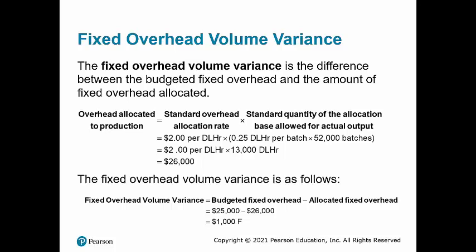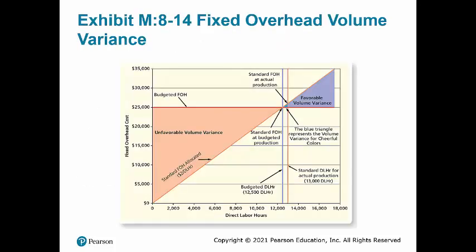The fixed overhead volume variance is not a cost variance, it is a volume variance, and explains why fixed overhead is over or under allocated. So this graph shows the fixed overhead volume variance. The small blue triangle bordered by the lines represents budgeted fixed overhead, standard fixed overhead allocated, and standard direct labor hours represents the fixed overhead volume variance for this example.